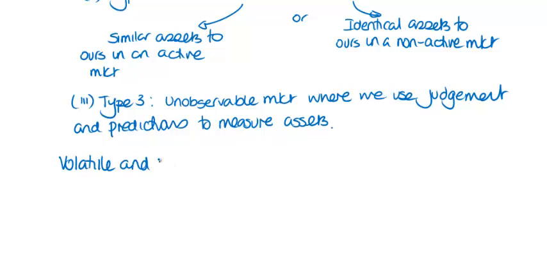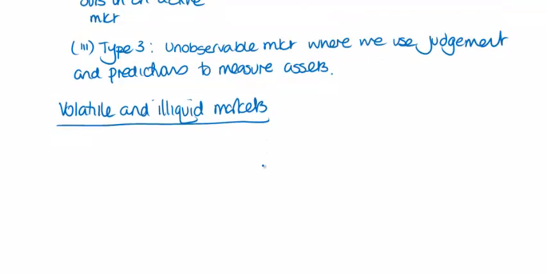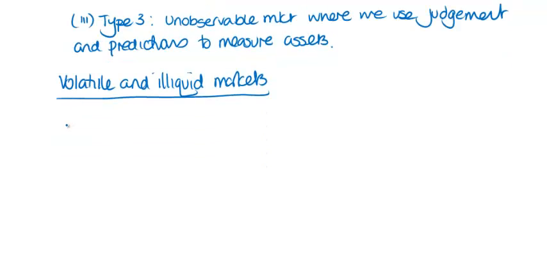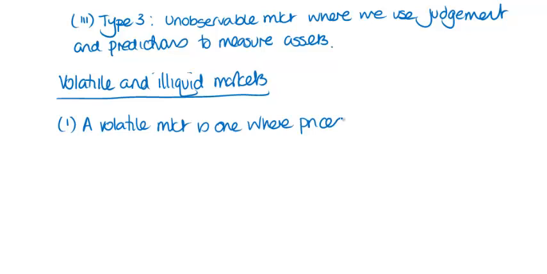The second issue, it's spoken about volatile and illiquid markets. A volatile market is one where prices move rapidly.